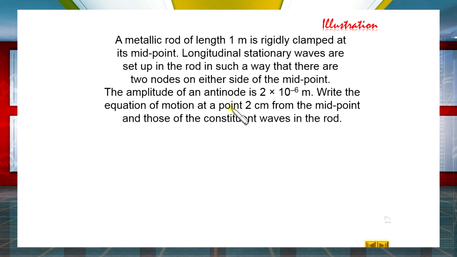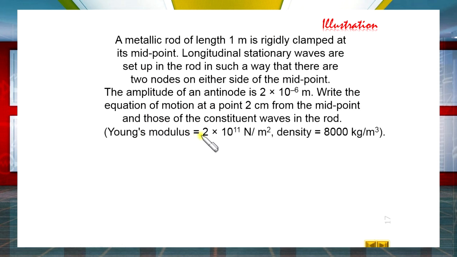Write the equation of motion of a point 2 centimeter from the midpoint and those of the constituent waves in the rod. And we are given Young's modulus of elasticity of material of the rod is 2 into 10 to the 11 Newton per meter square, and density equal to 8000 kg per meter cube.